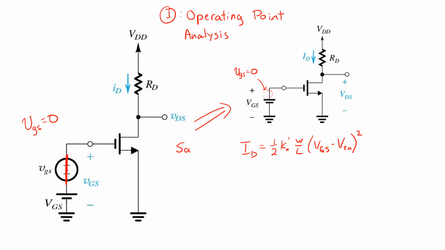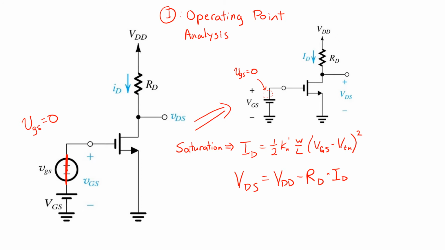Again, that's assuming saturation. We're neglecting channel length modulation just to simplify the expressions for now. And we can then use that IV relationship to solve for the all uppercase VDS. It's simply VDD minus RD times ID. So we can substitute in this expression for ID and find the resulting VDS.